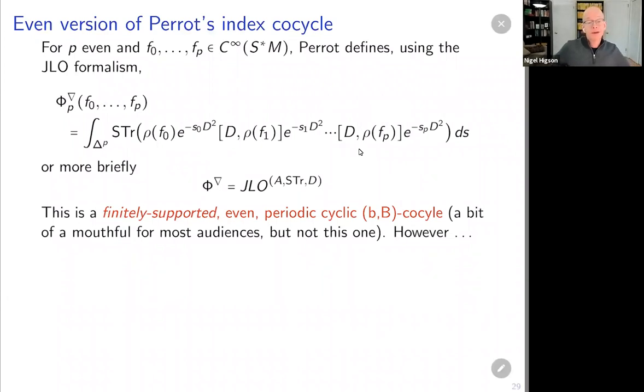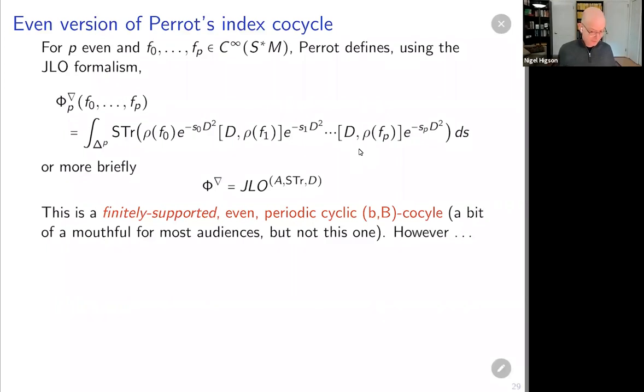What you get inside of the supertrace that you see in the big display is an element of our bimodule. That's a simple calculation. So you can take the supertrace, and now it's a scalar function on a simplex, so you just integrate it. The whole thing makes perfect sense, and you get a JLO cocycle out of our, not exactly spectral triple, but out of our algebraic triple.